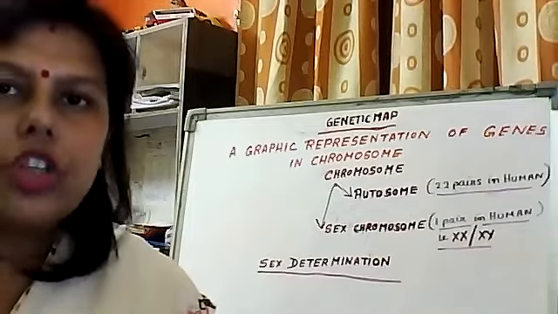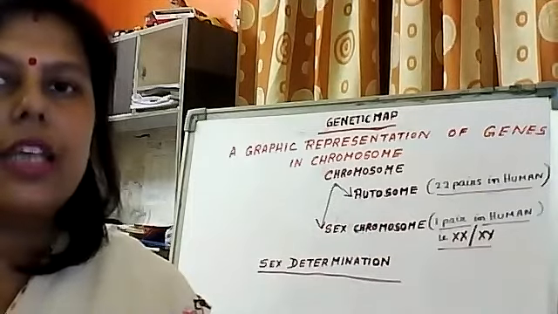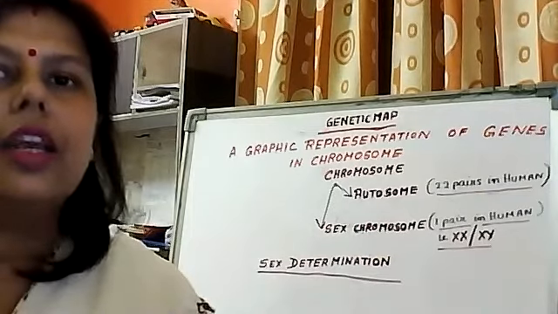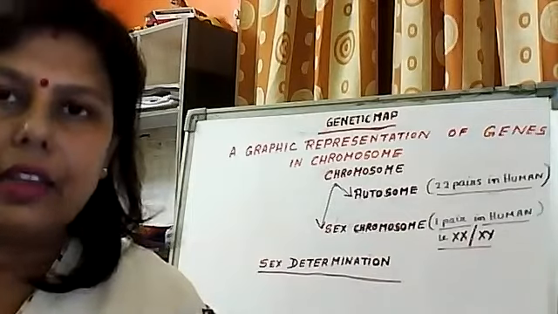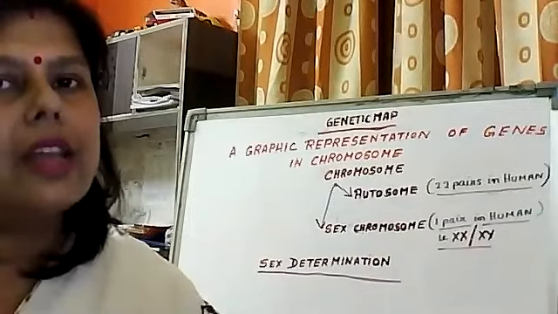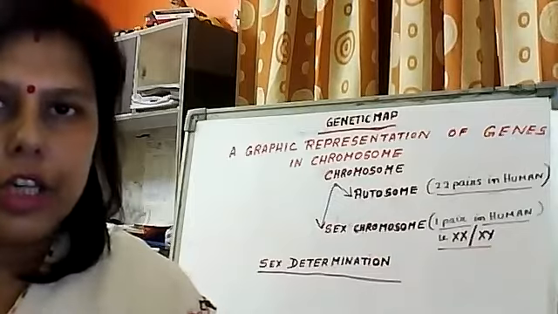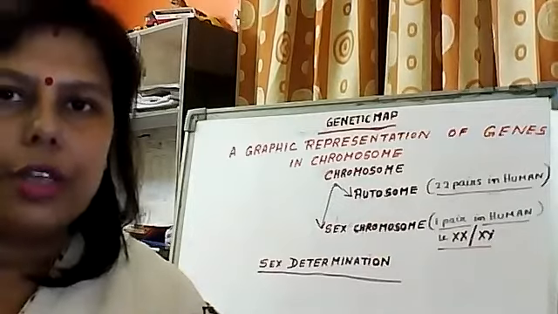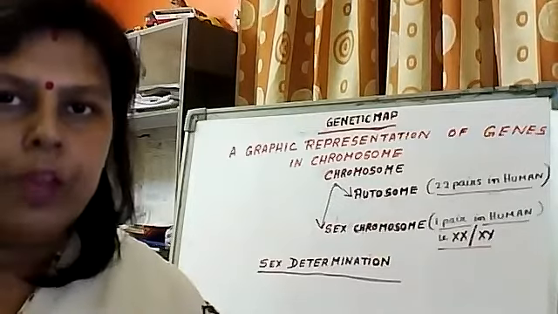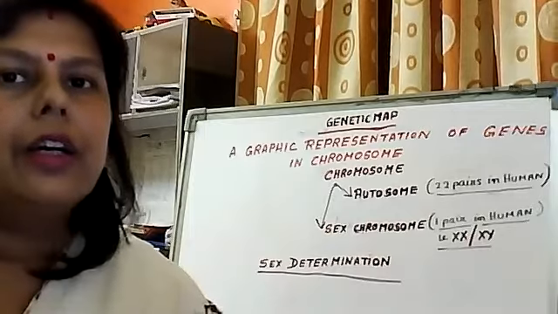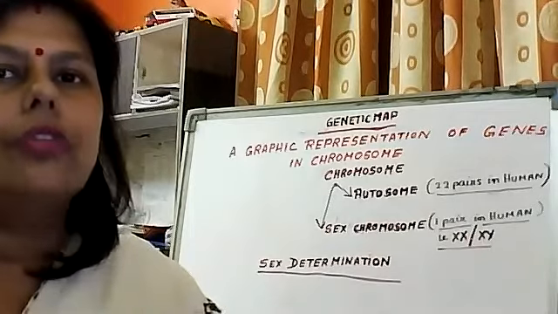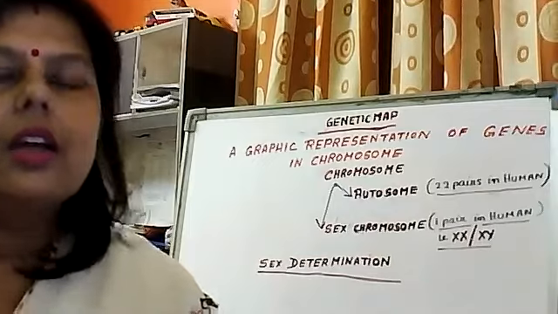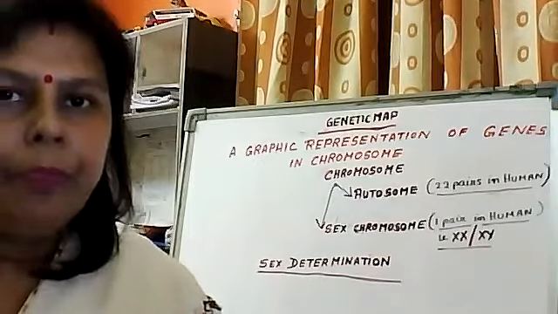If that change takes place in a particular gene, it is said to be point mutation, or sometimes another term is used, known as frame shift mutation, which I explained earlier in the evolution chapter. Here in this chapter, they have explained it again using the example of one disease, that is sickle cell anemia.